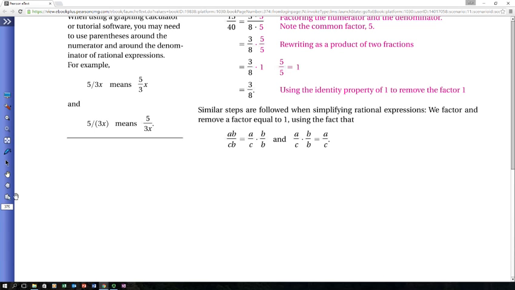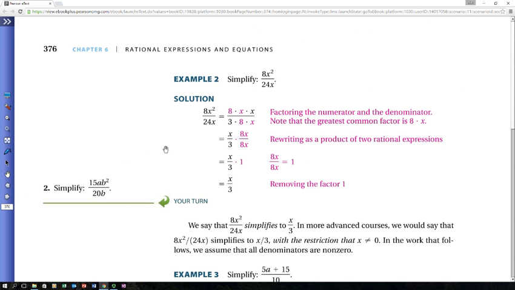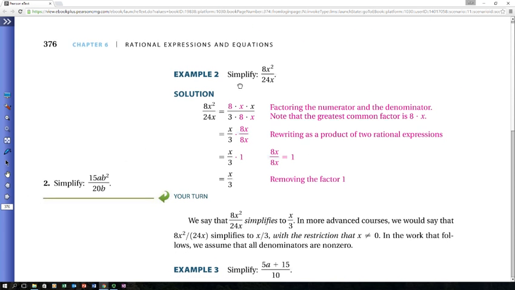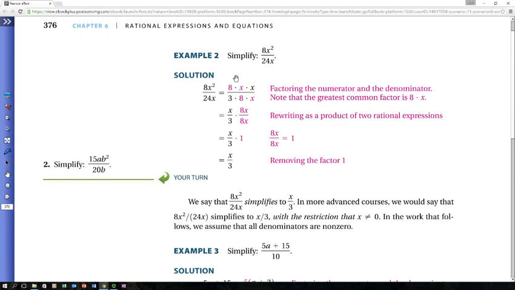So what we're going to do with these rational expressions, like this one in example 2, is find common factors. And a good way to do this again is to prime factor. I might even write 8x squared as 2 cubed, which is 2 times 2 times 2, times x squared. And then I'm not going to miss any common factors.